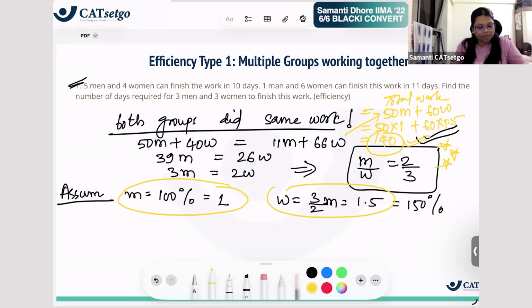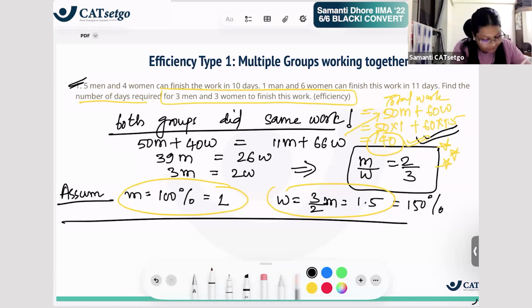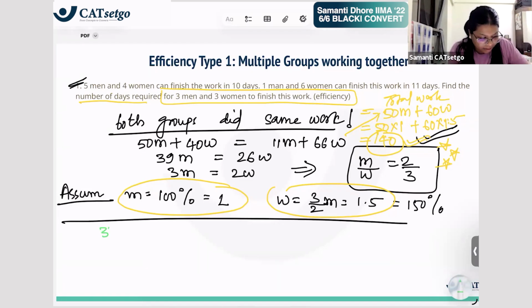है ना? तो अब उन्होंने क्या पूछा है? अब उन्होंने तुमको पूछा है कि how many days are required for 3 men and 3 women to finish this work. So you'll be like, okay, I have to find out the number of days, right? So 3 men requiring number of days with their efficiency 1 plus 3 women, same days D, into their efficiency 1.5 are totally doing 140 units, right?